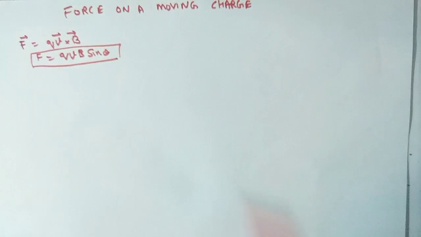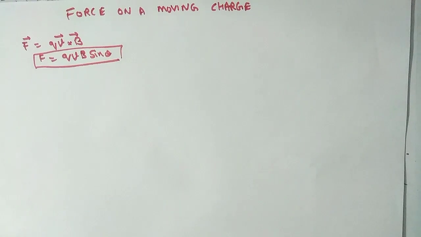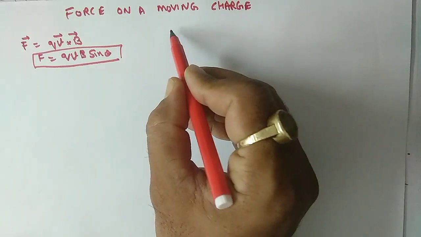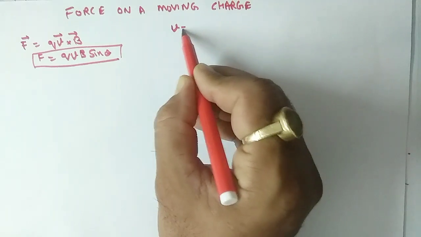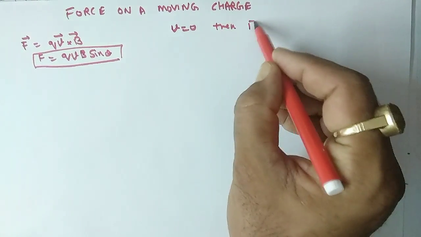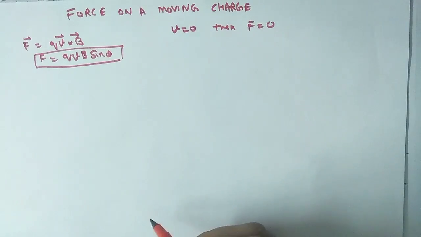Simply, it is the magnetic force experienced when a charged particle enters a magnetic field. Dear students, if you look at this formula carefully, and if we take v = 0, then we find F is also 0.